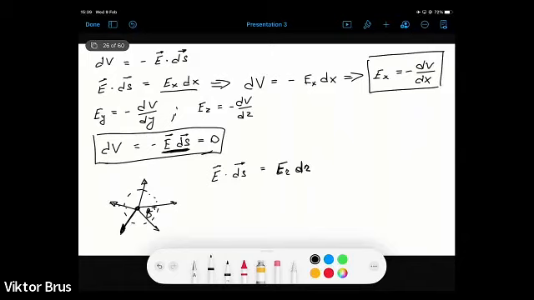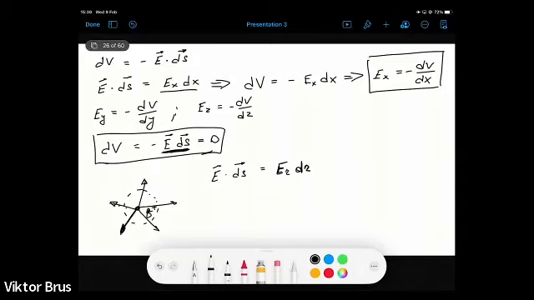So they will be parallel because it happens along this radial line which goes from the center, where the electric charge is located, in all directions.